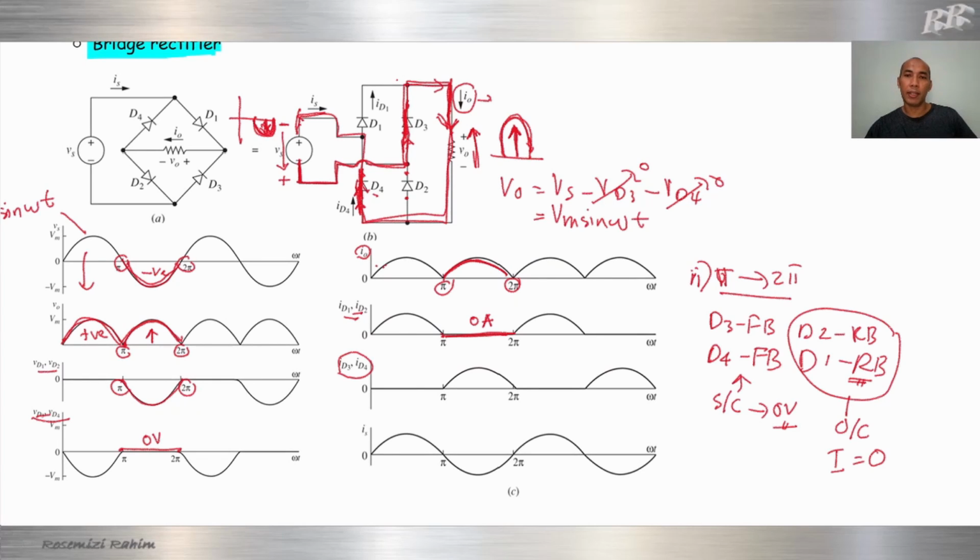So it means that ID3 equals ID4 equals I0. This is from pi to 2 pi. It will follow the same waveform as I0 like this.